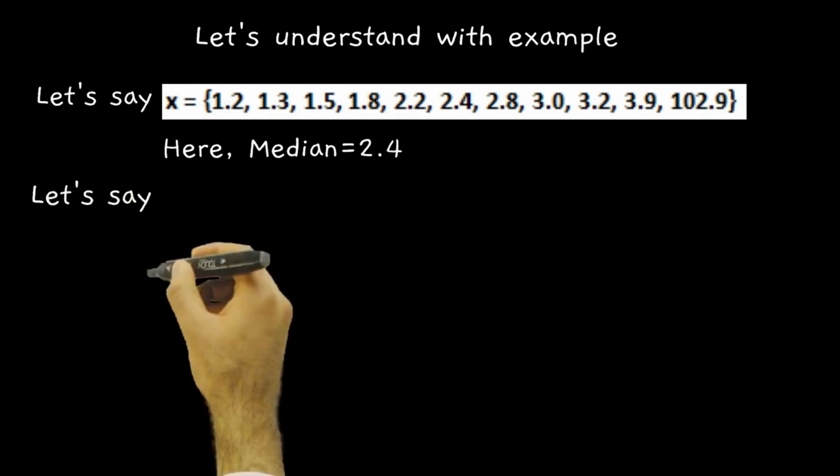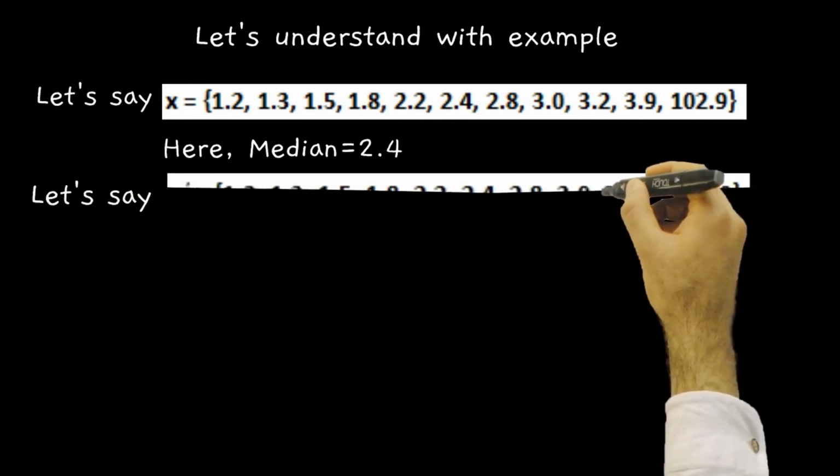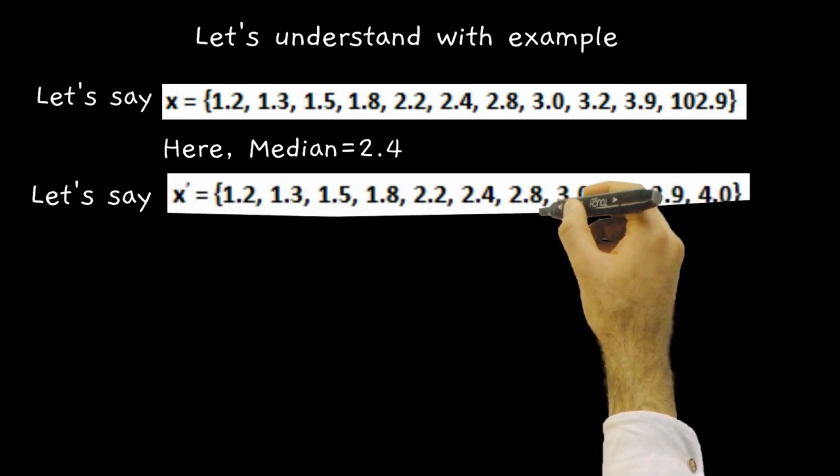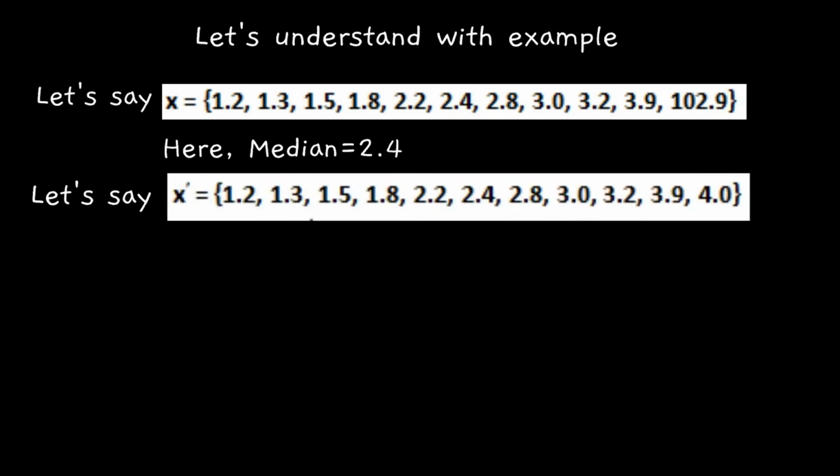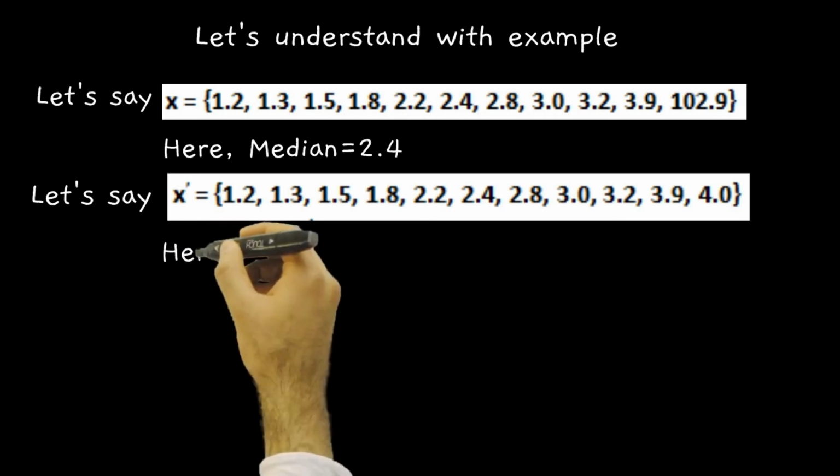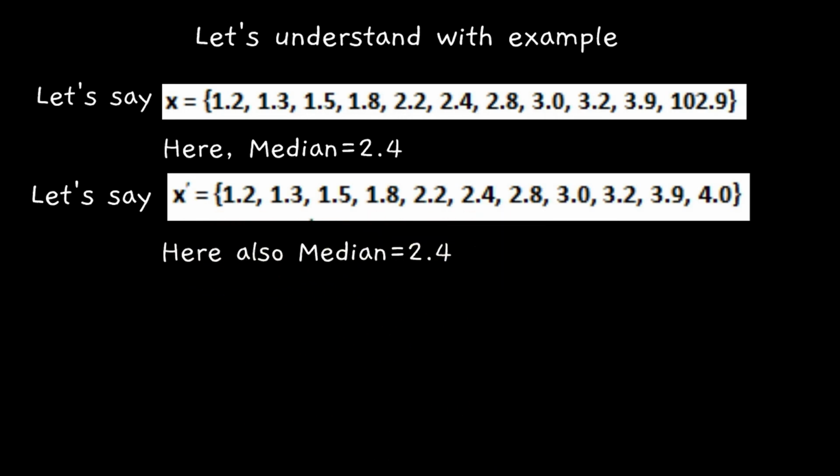Now let's say x dash is equal to 1.2, 1.3, 1.5, 1.8, 2.2, 2.4, 2.8, 3.0, 3.2, 3.9, 4.0 is the data set and its median is 2.4. If you notice here, x is with outlier and x dash is without outlier. So the median is not getting impacted much by an outlier because the median is the middle value.